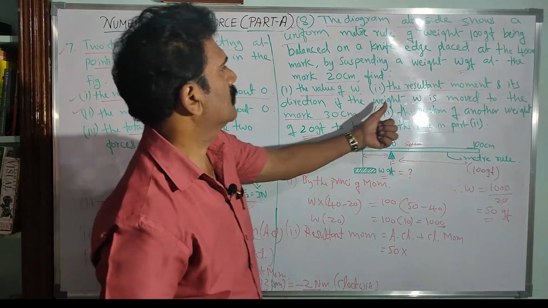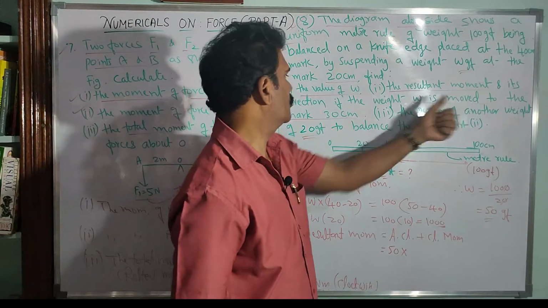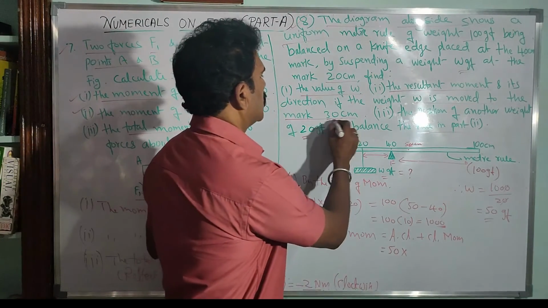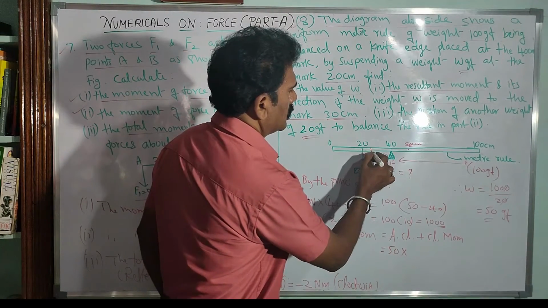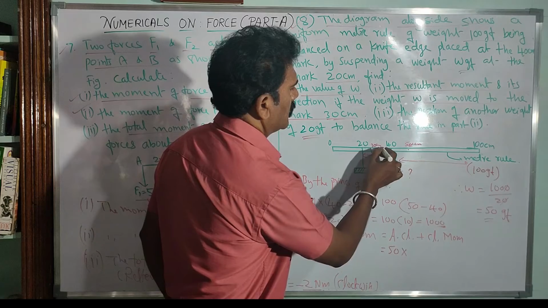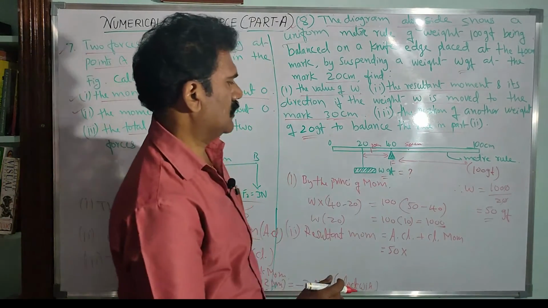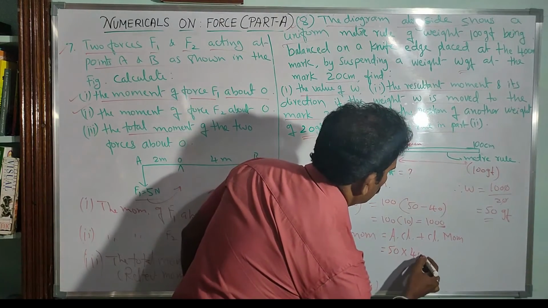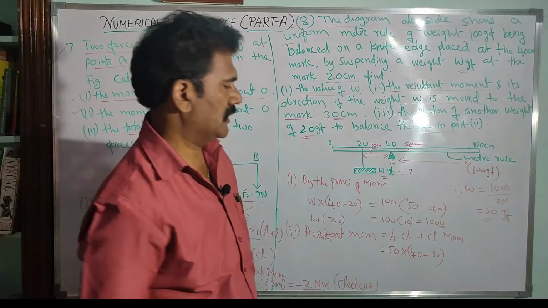No, because it is mentioned that the resultant moment and its direction, if the weight W is moved to the mark 30 centimeter. So instead of 20, you have to assume that the same weight is moved to the distance 30. So if it is moved to 30 centimeter, the distance reduces. How much is it now? 40 minus 30, correct?